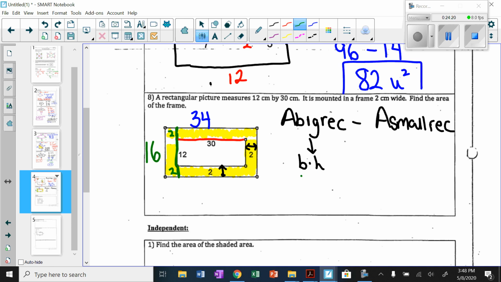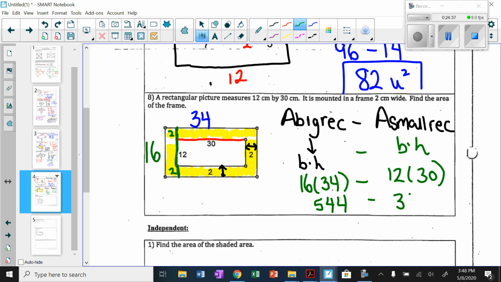So the area of the big rectangle is going to be 16 times 34. And we're going to subtract from that, base times height again, of the little rectangle, 12 times 30. So we're going to have 544 minus 360 is going to be 184 centimeters squared.